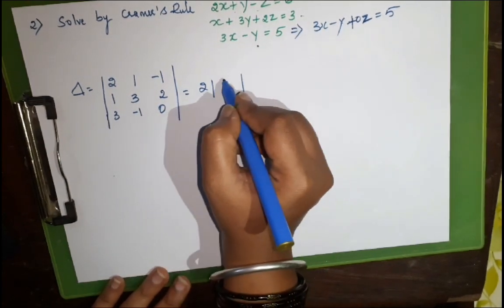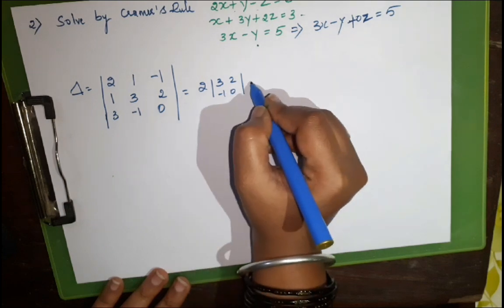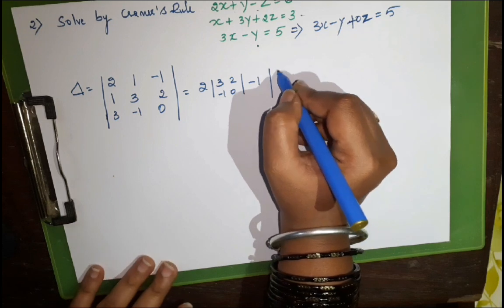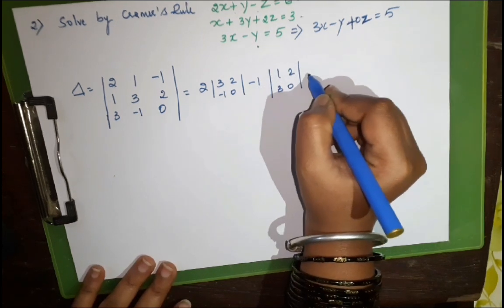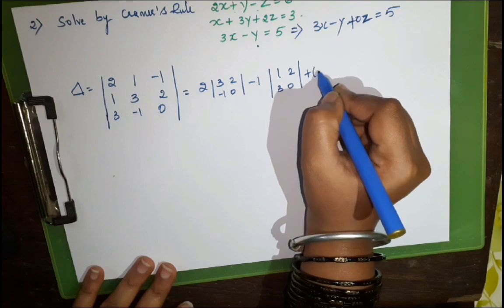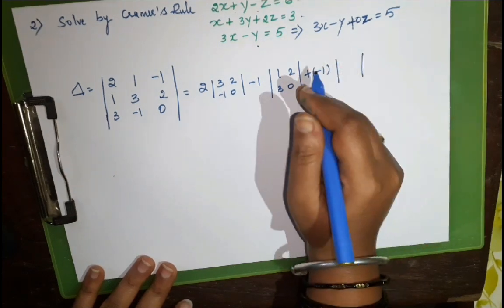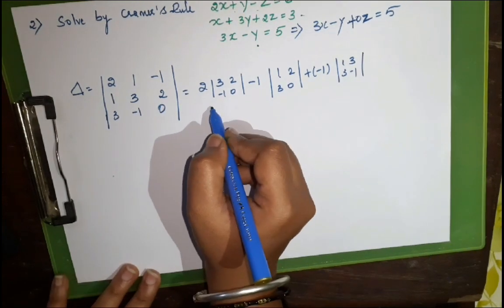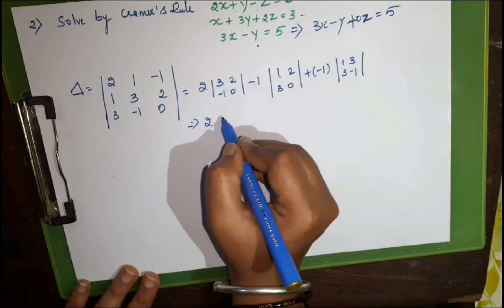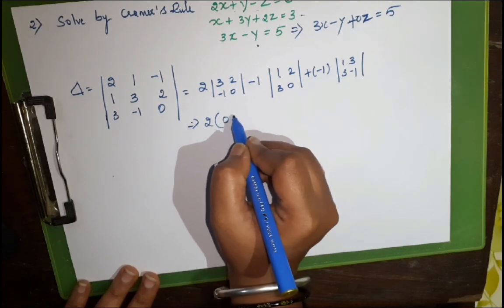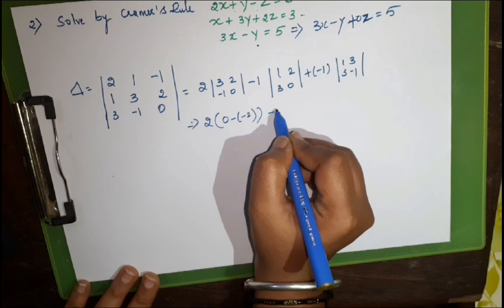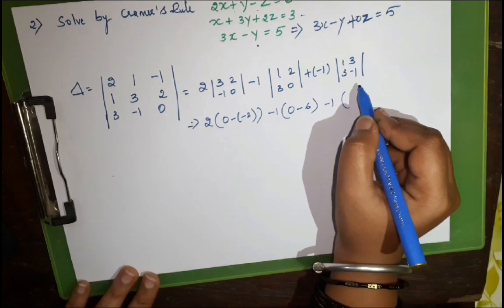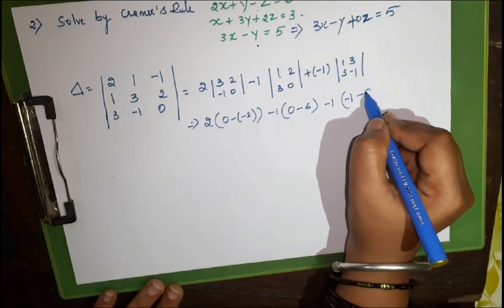2 times the determinant of 3, 2, minus 1, 0, minus 1 times the determinant of 1, 2, 3, 0, plus, minus 1, plus is the positional sign, 1, 3, 3, minus 1. So you will get 2 into 3 into 0, 0, minus of minus 2, minus 1, 0, minus 6, minus 1, minus 1 into 1 is minus 1, minus 9.